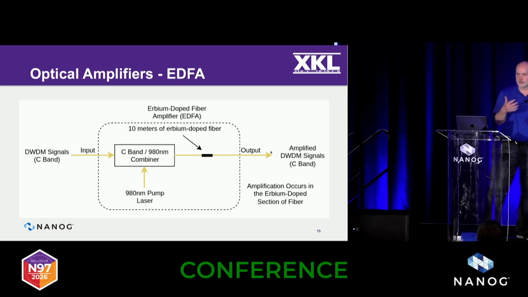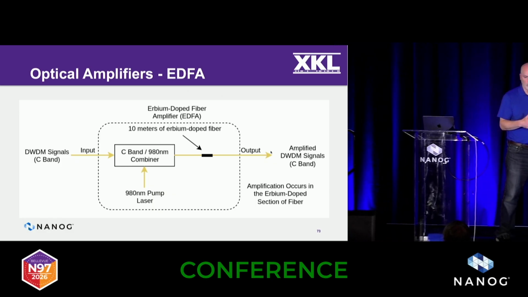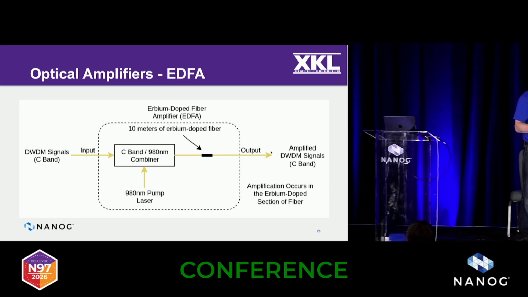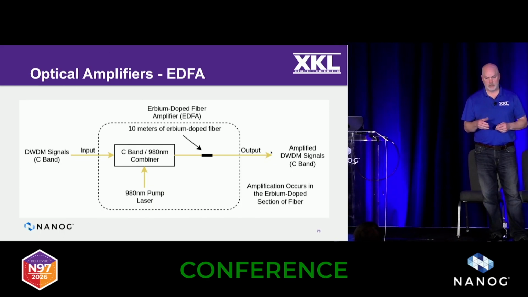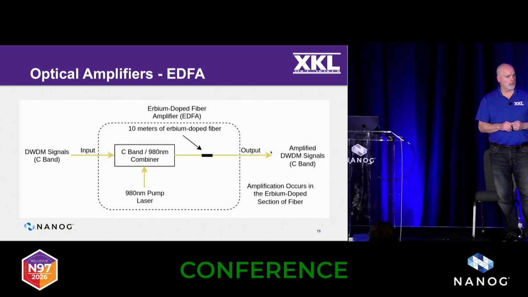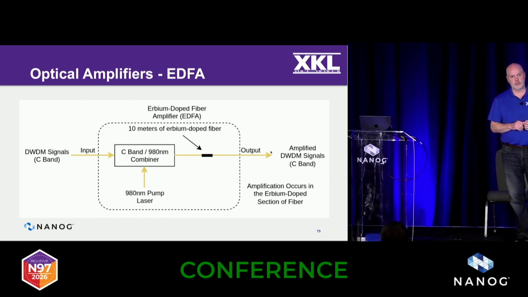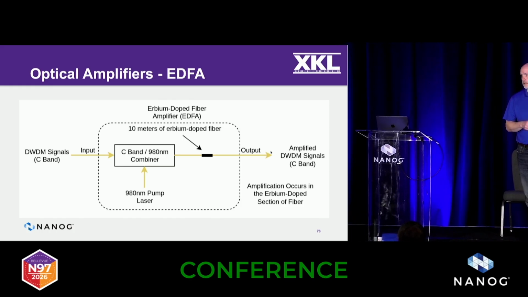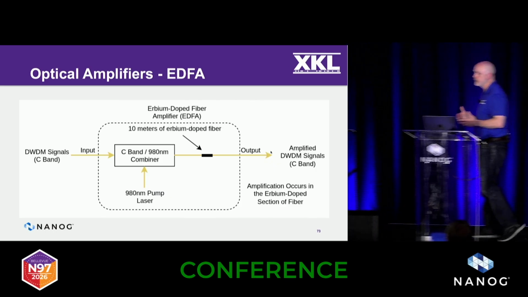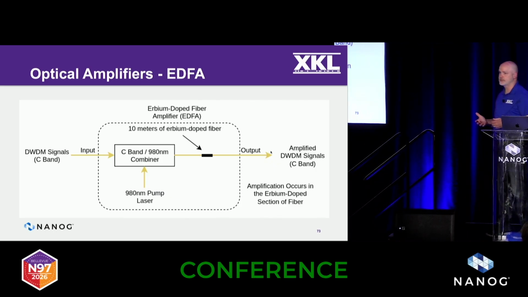There's monitors and you know, what's the input power, what's the output power, what's the gain. There's performance implications here. So that 980 pump laser, there's no free lunch. You don't just get amplification. You also get noise. You get optical noise. And so how you operate the EDFA will dictate how much noise you put into your system.